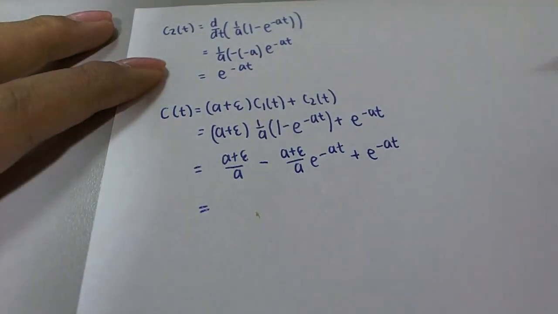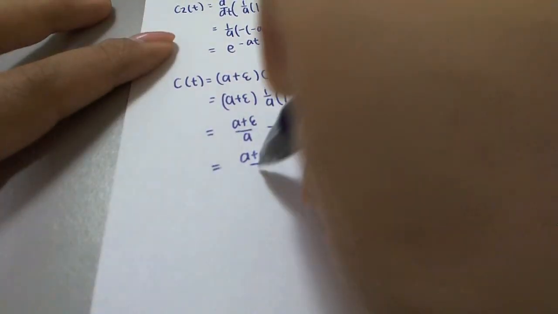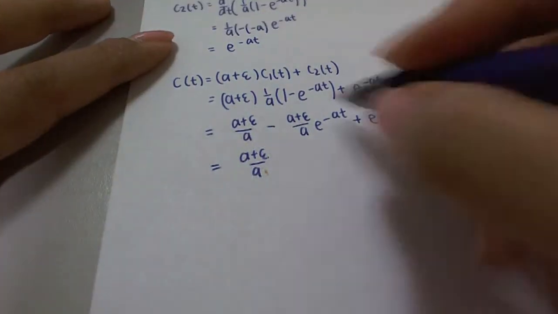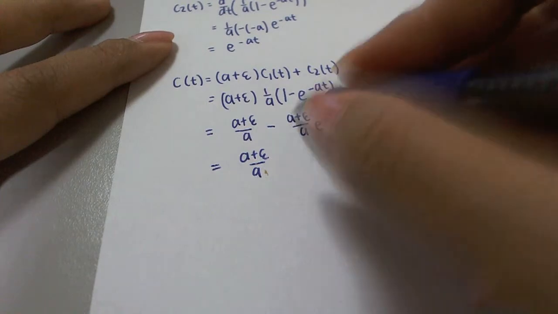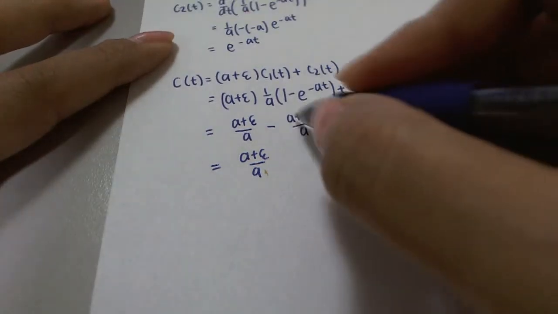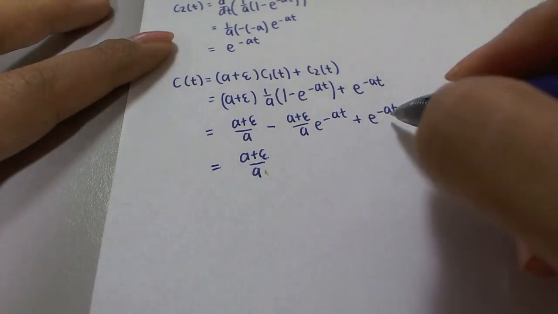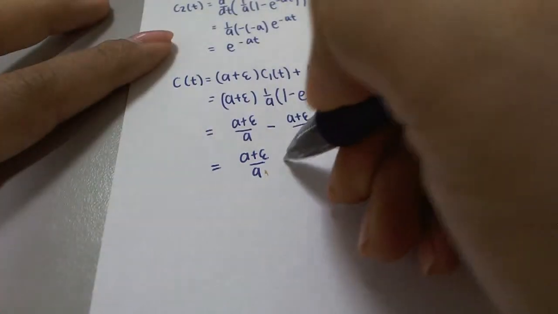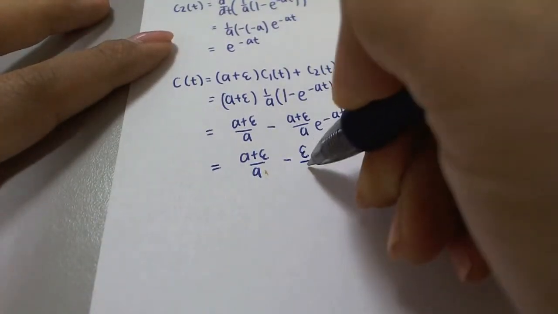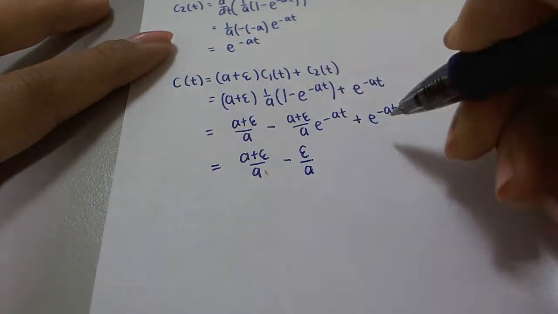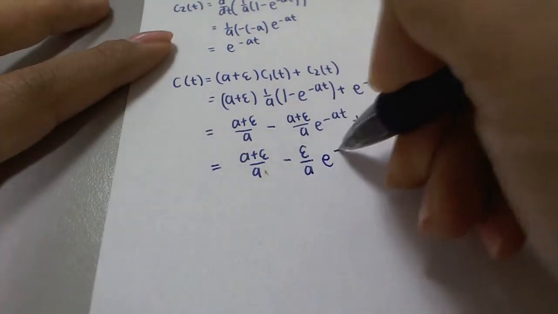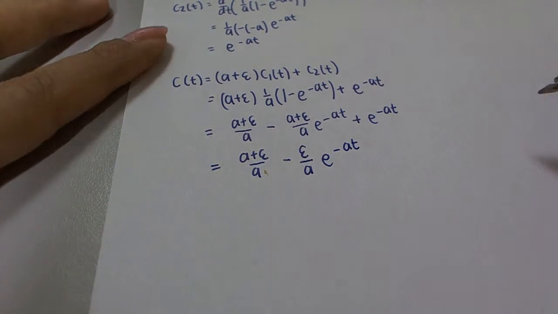And further simplifying this term, we get (a plus epsilon) over a, and then this term is basically 1, so we have e to the minus at minus and plus e to the minus at. So we are left with minus epsilon over a multiplied by e to the minus at.